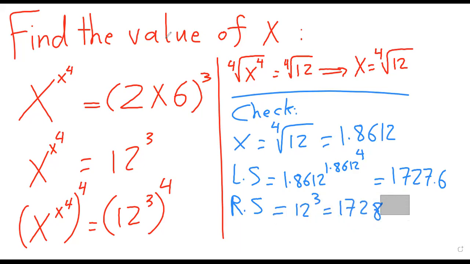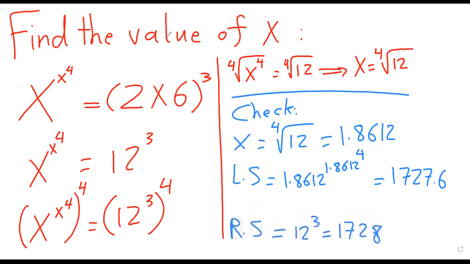So we can make this like that, at the bottom. That equals 1728. So that's the same value. That explains that our solution is correct.